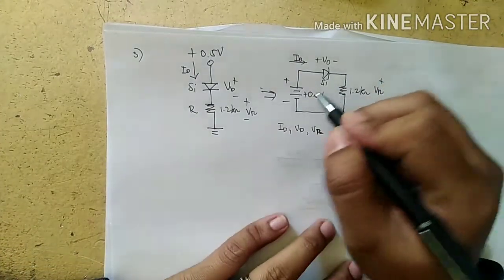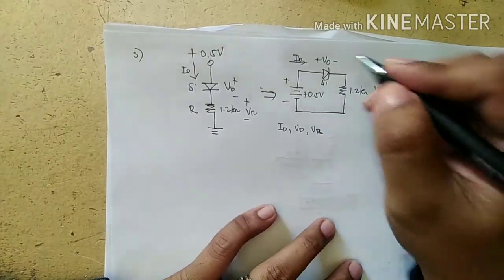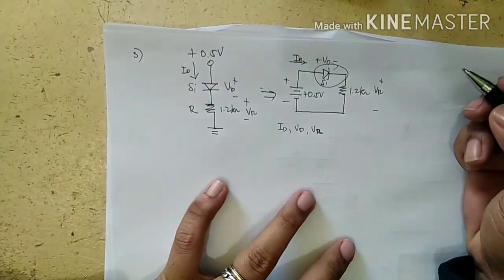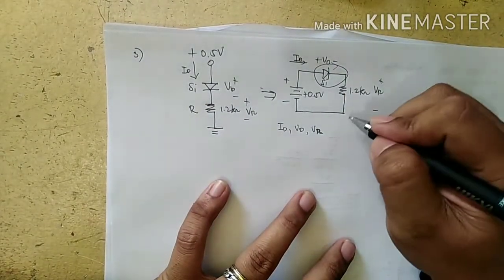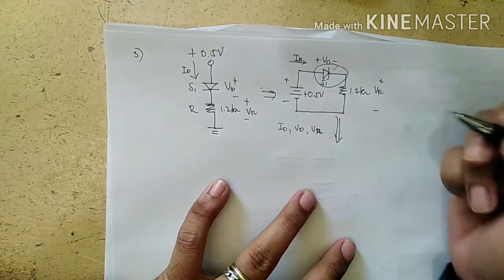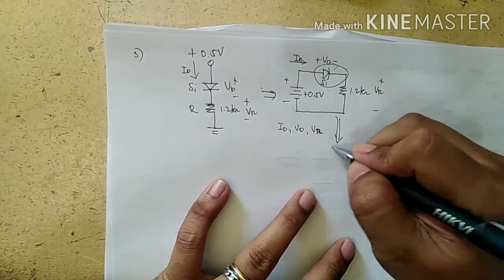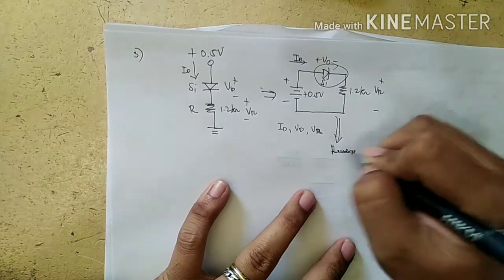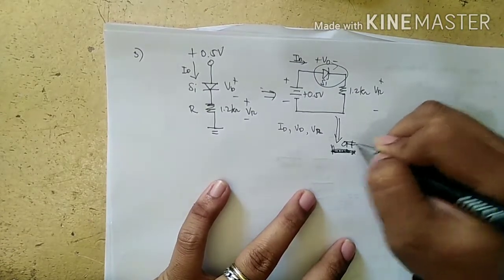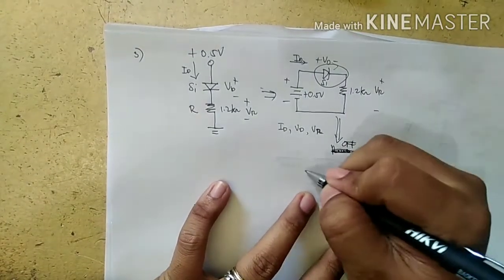Since our supply voltage is 0.5, what will happen to the diode? The voltage is not enough, so it is reverse biased. It is off.